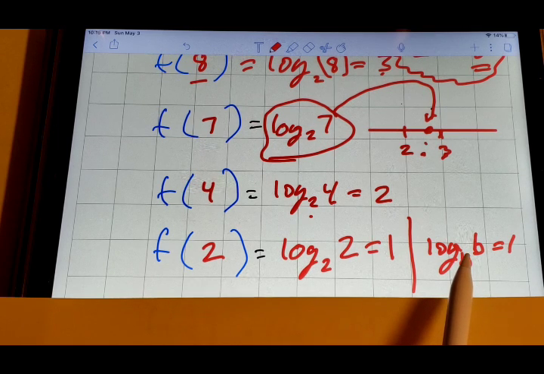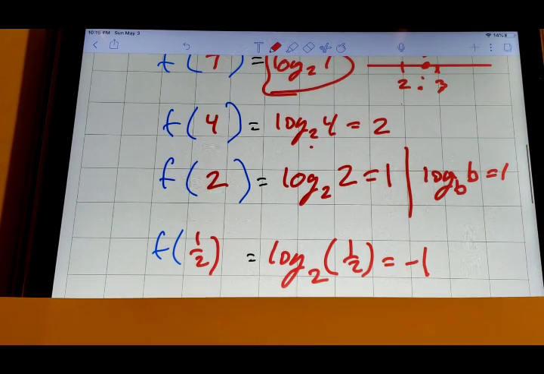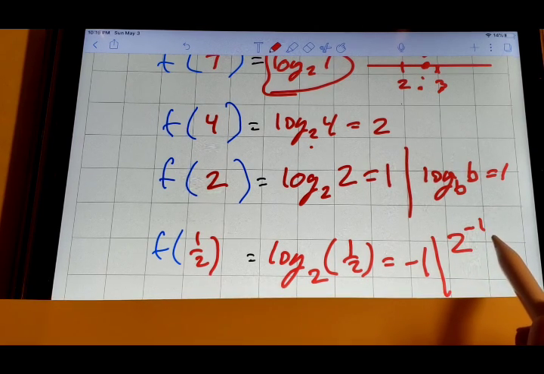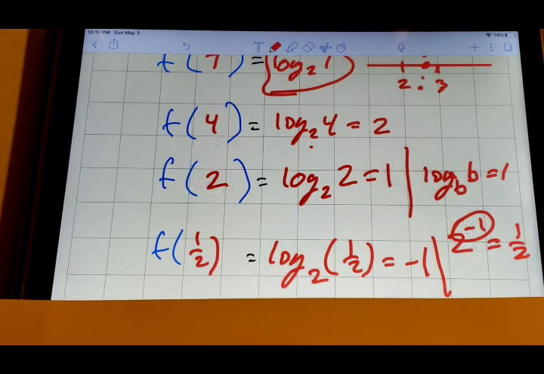Well, the answer is 1 because the exponent I put on b to get b is 1. So numerically, don't forget fractions. Log base 2 of 1/2 is -1. Again, why? Because we're asking what the exponent is that I'd put on 2 to get 1/2. The exponent is -1.